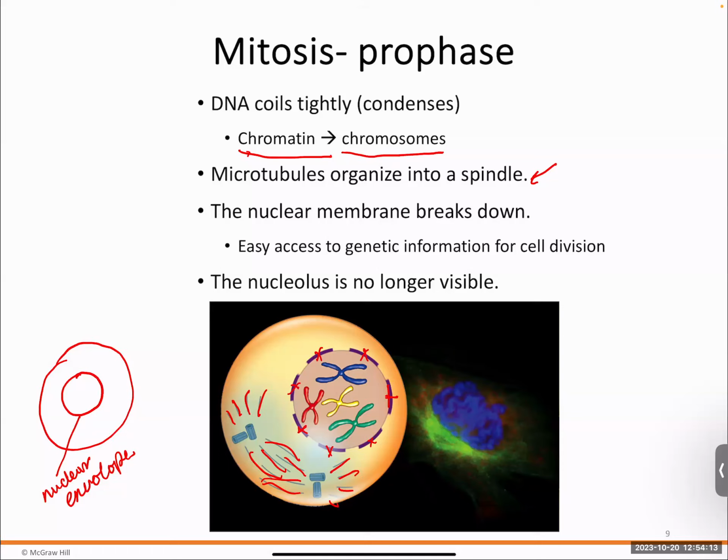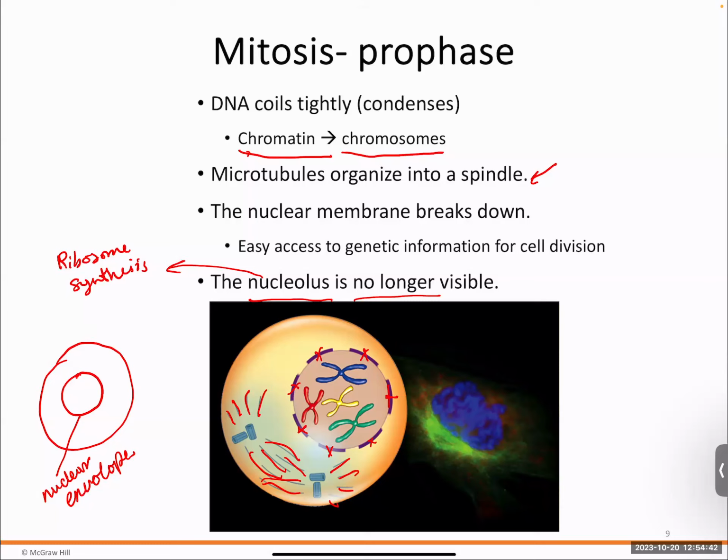Now notice again, as the membrane gets broken down, you don't have any nucleus, so no clear nucleolus or nucleus will be visible for us. I don't recall if I mentioned this, but the nucleolus is the one that is involved in our ribosome synthesis. So if you don't recall it, or if I didn't mention it, here is the information.